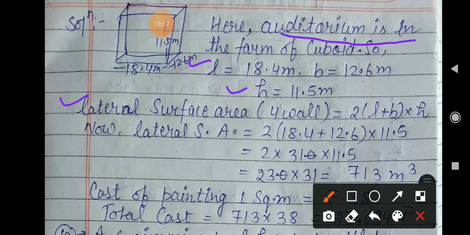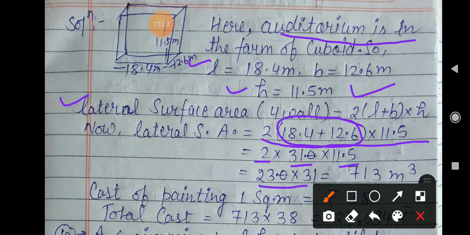So the formula of lateral surface area is 2 into (L plus B) into H. Put the values of L, B and H here: 2 into (18.4 plus 12.6) into 11.5. Add these, and this value is 31 into 11.5 into 2.